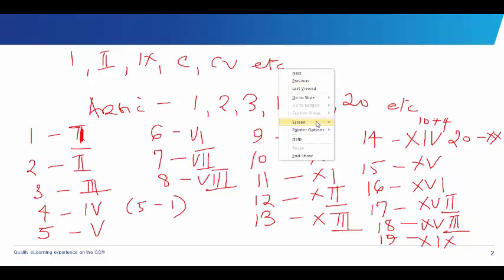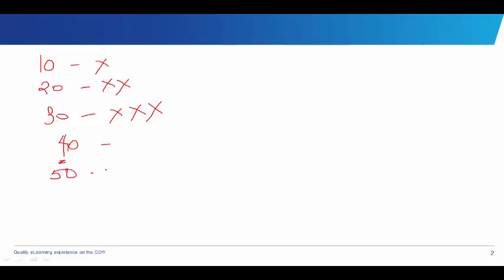So from this 20, I'll now show you from 20 to 100, since you already know the principle. So we'll now have 10 as X, 20 XX, 30, it follows XXX, 40, I'll jump 40, understand that it changes when we get to 4 and 9. 50 becomes L. Then 40 now becomes XL. 60 LX, which is 50 and 10.